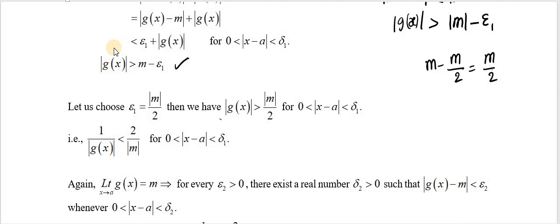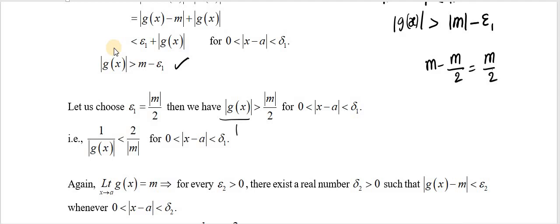That means modulus of g of x by 1 can be written as 1 by modulus of g of x. Whenever we are reciprocating, greater than becomes less than. Here also we want to reciprocate. That means denominator becomes numerator, numerator becomes denominator. The same condition carries. Again, limit x tends to a g of x equal to m.